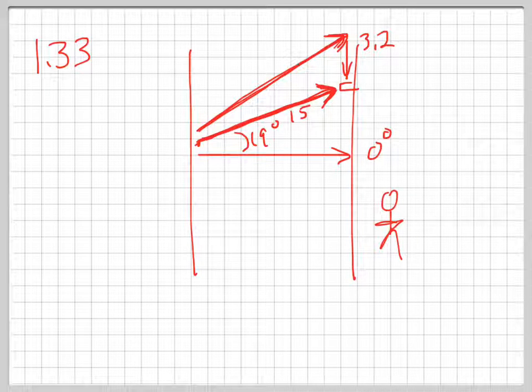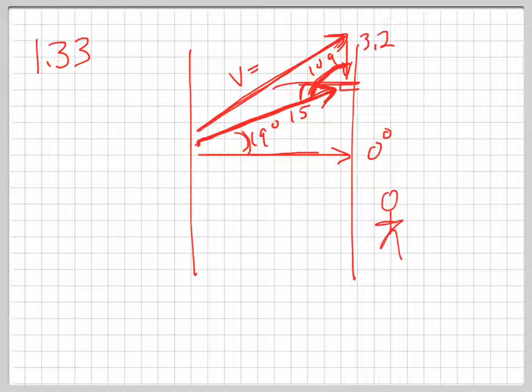We're going to try to figure out what the velocity of the boat needs to be to make this happen. So I have a side and I have a side here. I'd really like to get this angle in here. If I draw in a parallel line here, that's 19, this would be 19, and this is 90 up here, so this angle in here is 109 degrees.